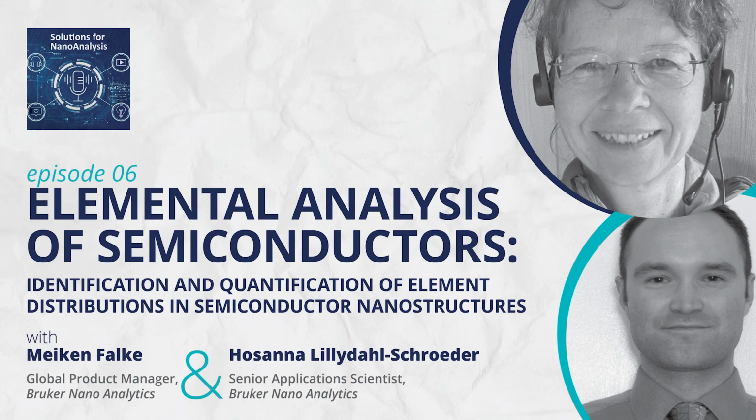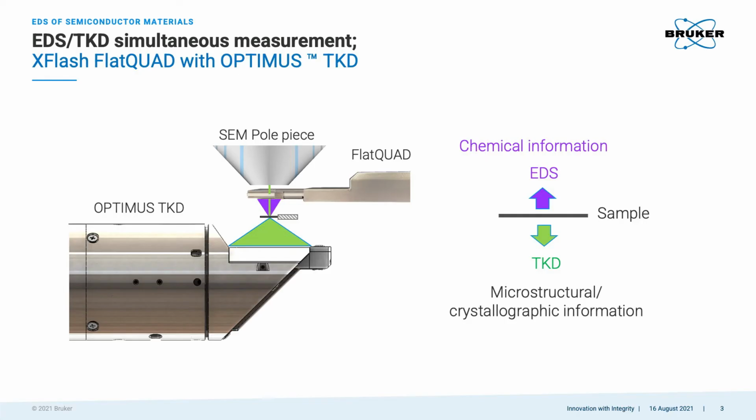evaluating TEM samples. Also, when doing FIB, one can delayer or remove parts of a semiconductor device or structure or wafer, and then look at the different steps or at the different levels which have been set free to check how the element distribution is there. And then we can go bigger.